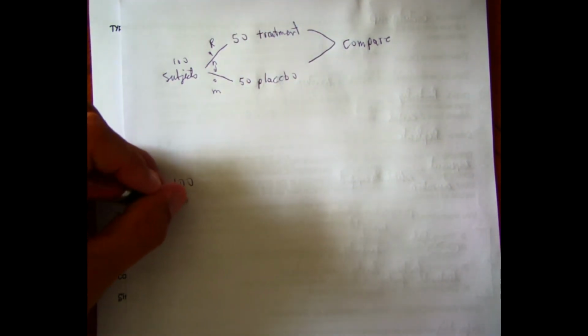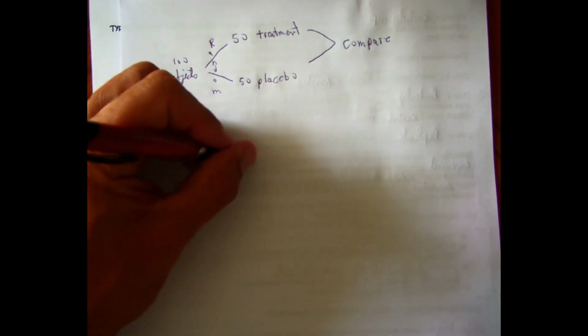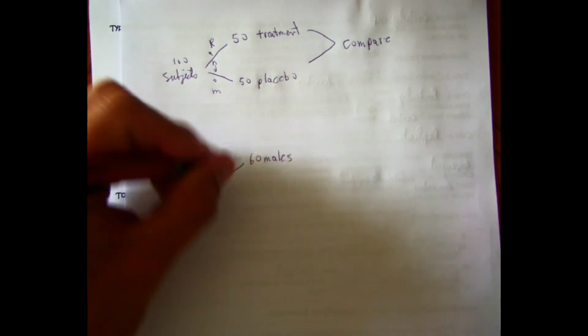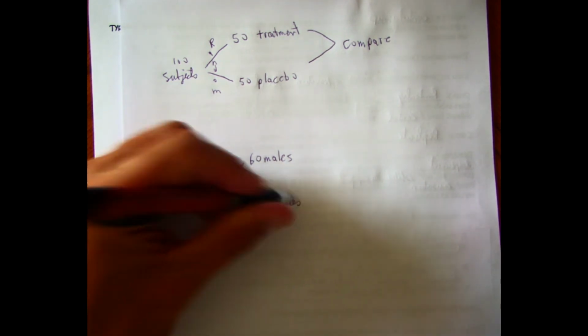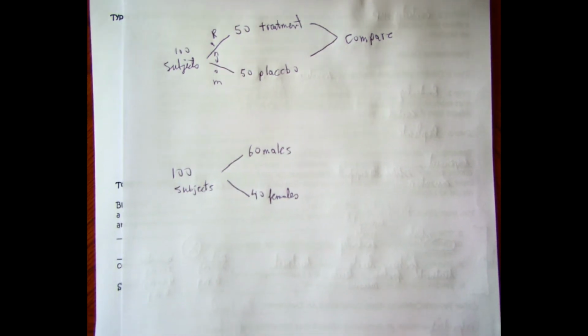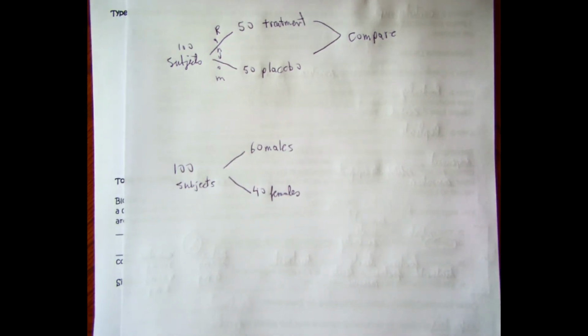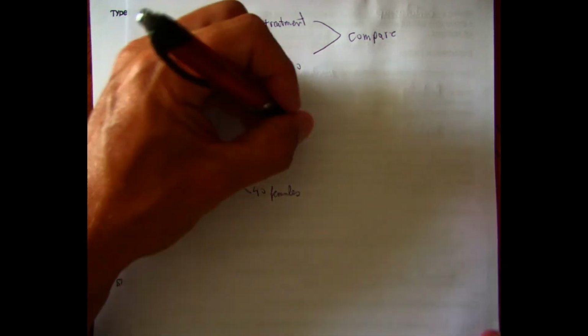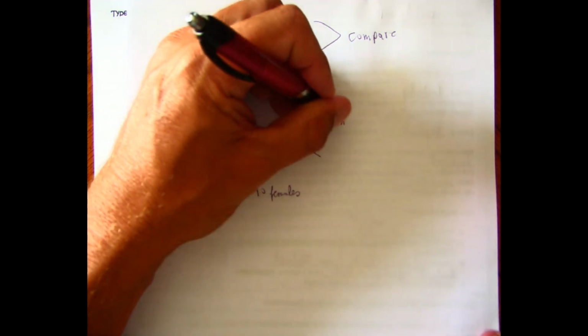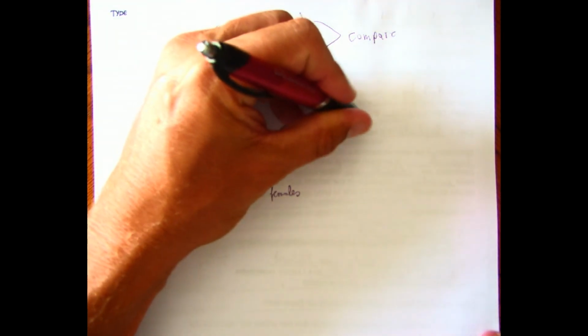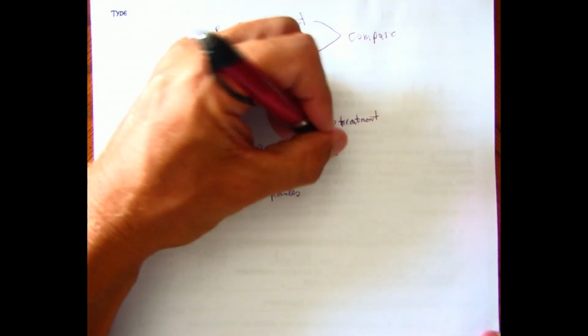Well, now we got our 100 subjects. Let's say we got 60 males and 40 females. And notice I didn't randomly assign those. They're already male and female. Now I randomly assign them within each block. So I'm going to have 30 males get the treatment, 30 get the placebo.